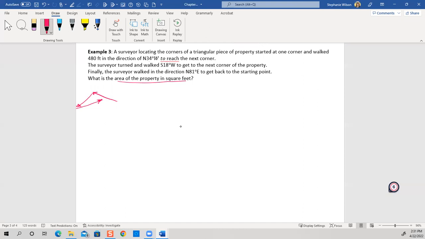My drawing's not perfect, but it ends up making this triangle. We're going to let A represent the starting point of the surveyor. So right here's A. Then B represents the second corner. And then C. Now we're going to have A, B, C. We're going to take the whole area of that.